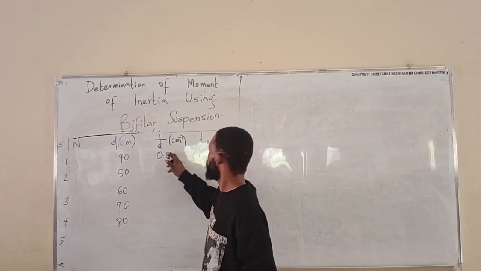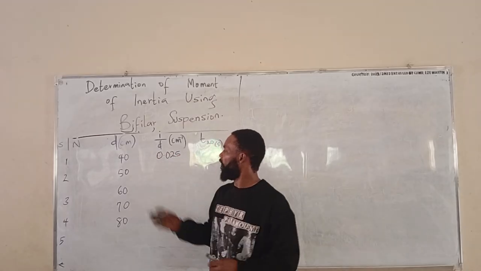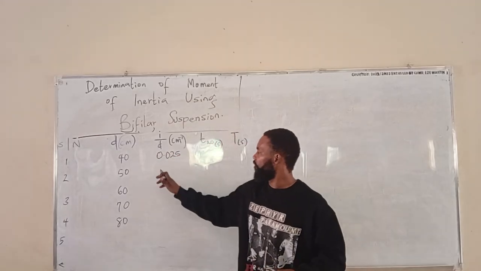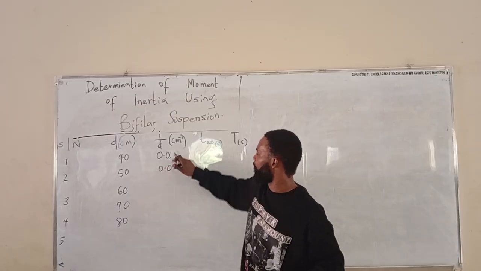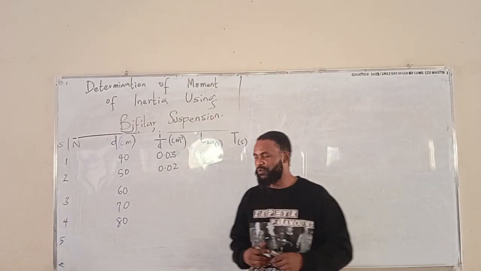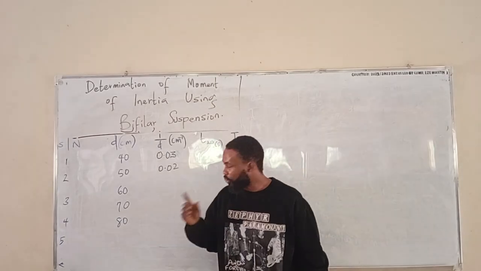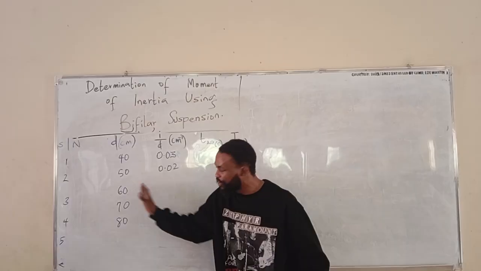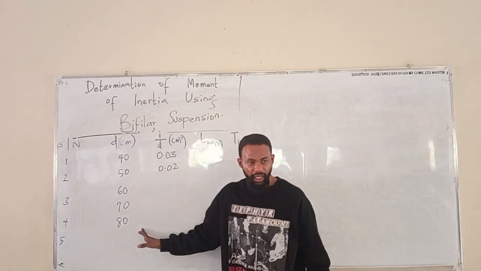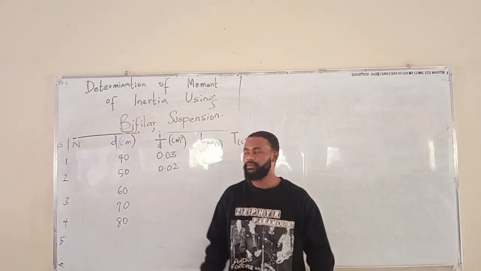0.025. So, 0.02, that means this should be 0.03, Shemi. I want to believe we all understand. We all agreed to use 40, 50, 60, 70, and 80, Shemi. And we know our reason, right?